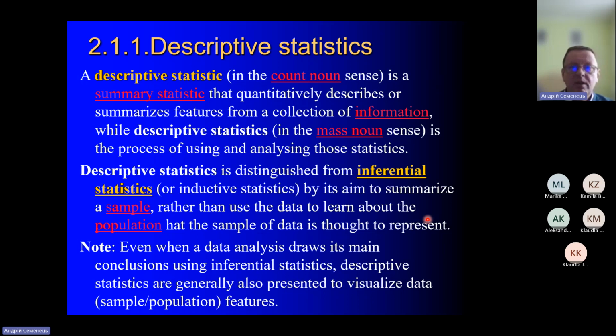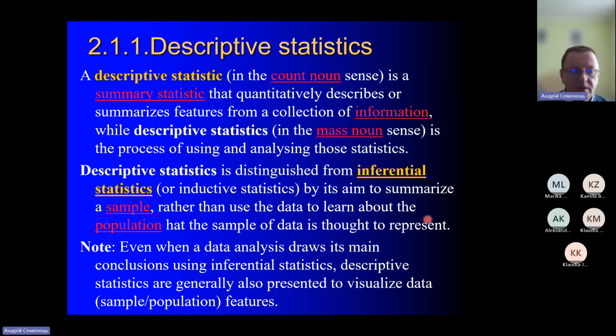Under this term, we have to understand both things and processes, what we can do and with which goals. So in fact, the same term describes the process and the results. We do descriptive statistics for our data set, and we obtain descriptive statistics characteristics for it at the same time.